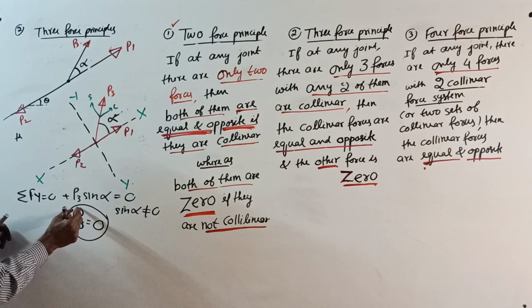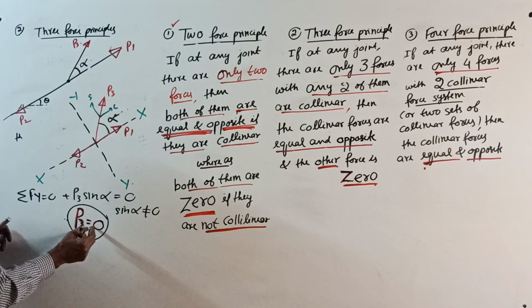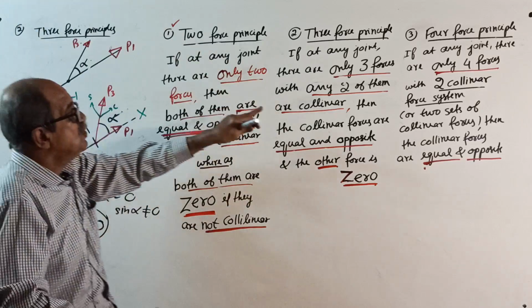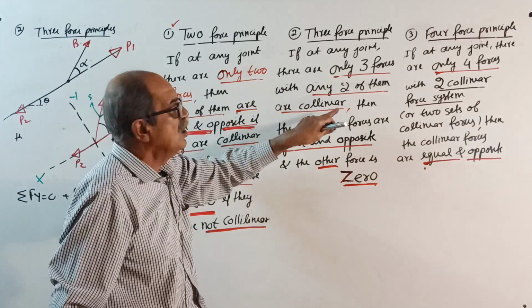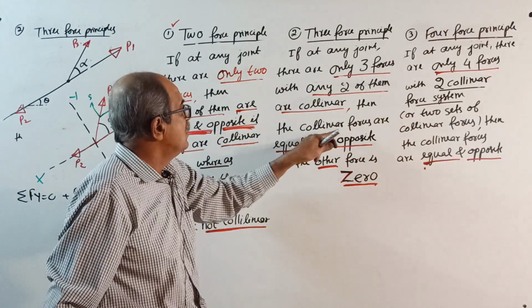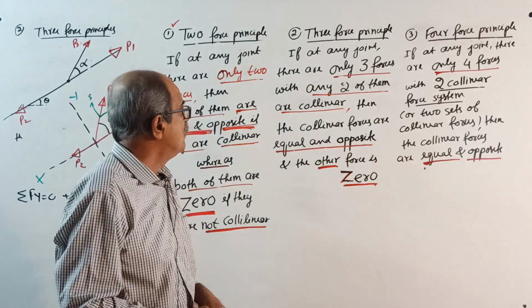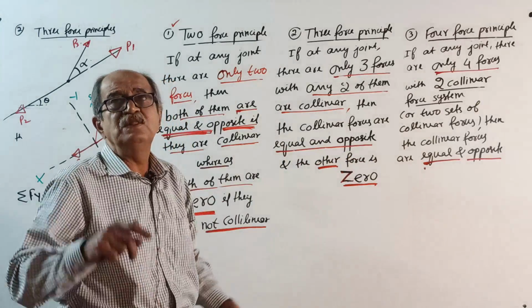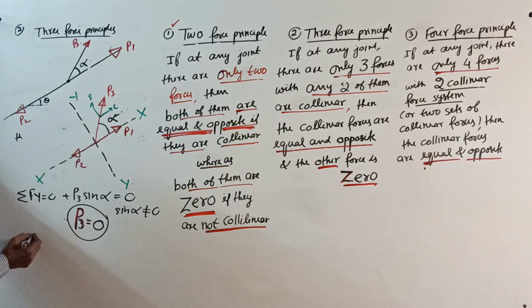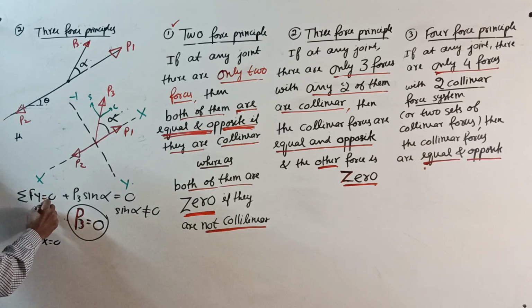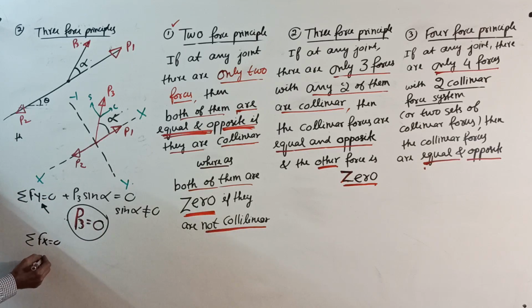See, I told you 3 forces, with any two of them collinear, then the collinear forces are equal and opposite, and the other force, that is the non-collinear force, is 0. Okay, got it. Now, sigma fx equal to 0. Start. Take upward positive here, and right side positive here.